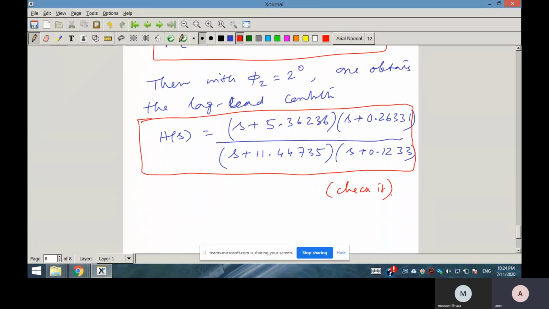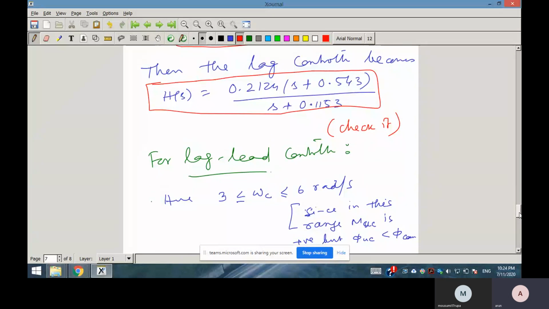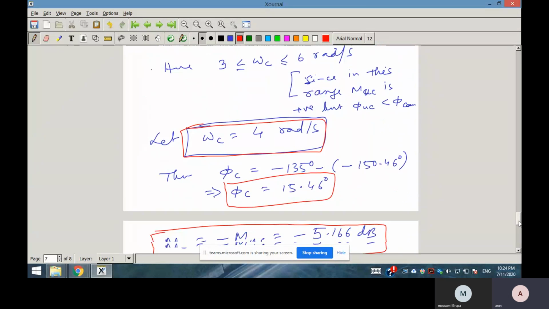So now we want to see the Bode plot and time response of these three designs, and we want to see what is the difference in the Bode plot characteristics and time response characteristics.